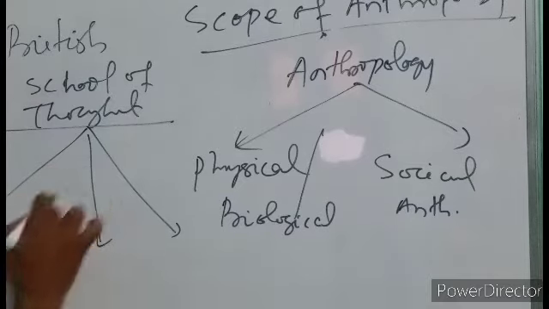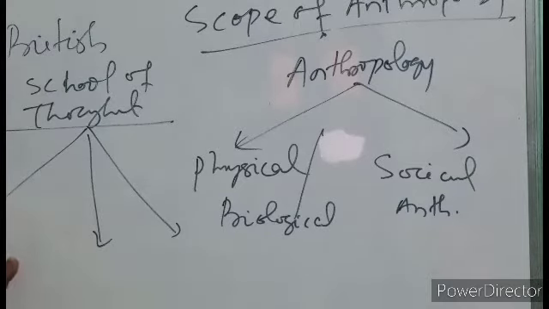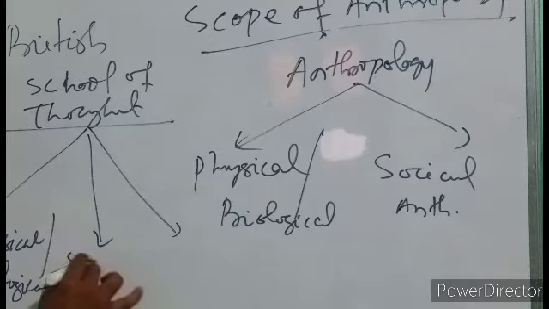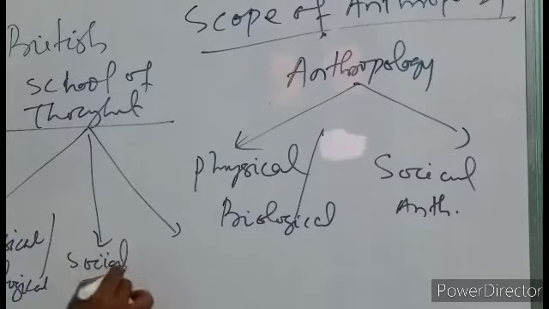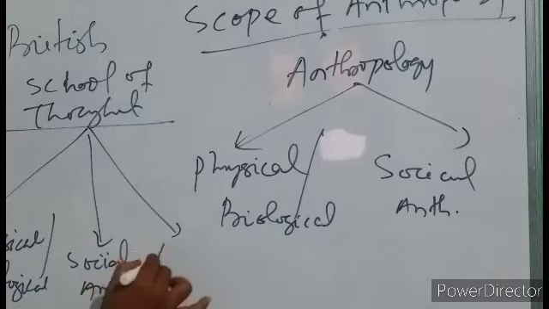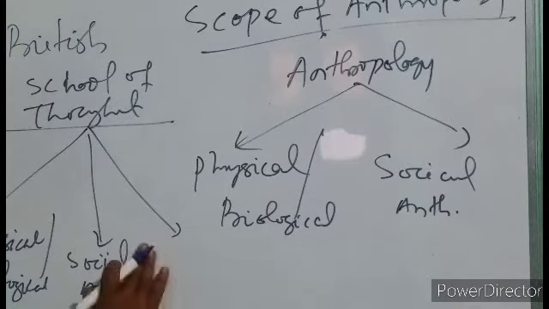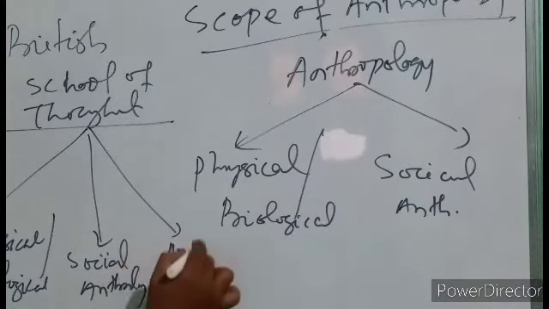The first is the biological and physical part, physical anthropology or biological anthropology. The next is socio-cultural anthropology, social anthropology. The next is prehistoric archaeology.